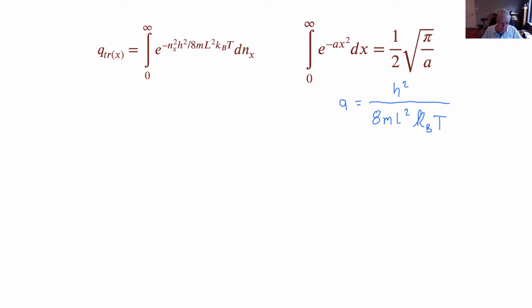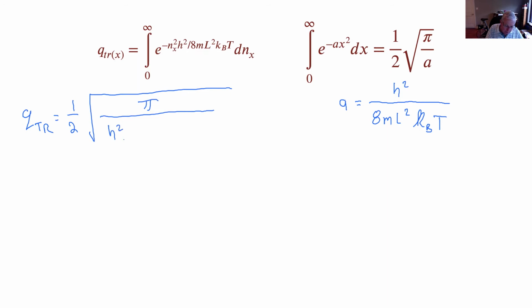That's a. So that's going to let me get my partition function, which says my translational q is now equal to, I get a 1/2 from the integral piece. I get a square root, and inside my square root, I get a pi up here, and I get pi over a, where a is h squared over 8mL squared, Boltzmann constant, and T. I'm going to clean that up some by flipping that stuff up into the top and then doing a little bit more work on it.